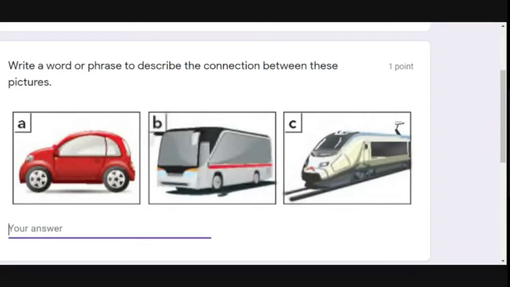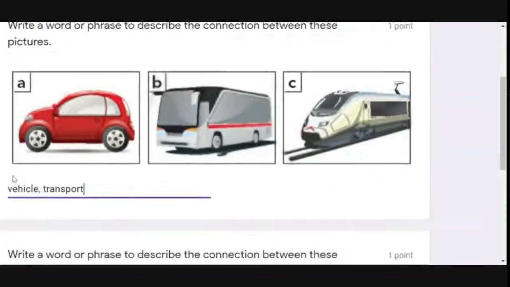Vehicle. Yeah. Okay, just now Poovan has typed the answer in the chat also. Vehicles. Okay. Any other word? Transport. Transport, yes, correct. Okay, there are many other words also that describe the connection between these three pictures.